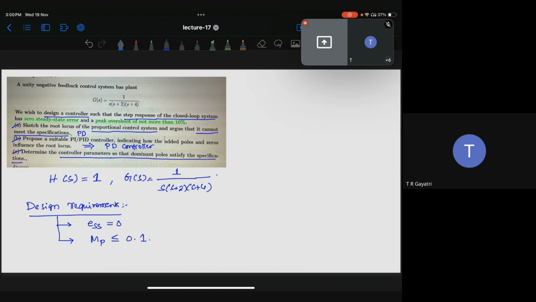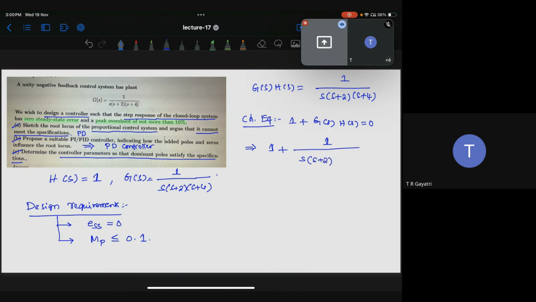Since G(s) is given, G(s)H(s) equals 1 by s multiplied by (s plus 2)(s plus 4). If you find the characteristic equation, that is 1 plus G(s)H(s) equal to 0. So 1 plus 1 by s(s plus 2)(s plus 4) equal to 0.